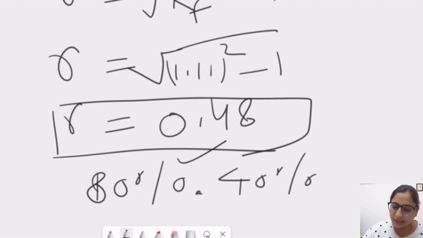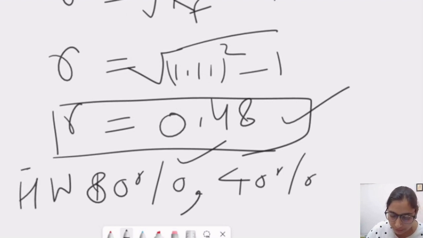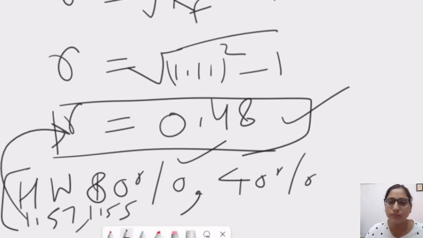We can clearly see that the ripple factor is nearly 0.48, whereas in the case of half wave, the ripple factor is 1.57 or 1.55. So here we can see that a marvelous change in the ripple factor is there. Due to this, we prefer full wave rectification over half wave rectification.